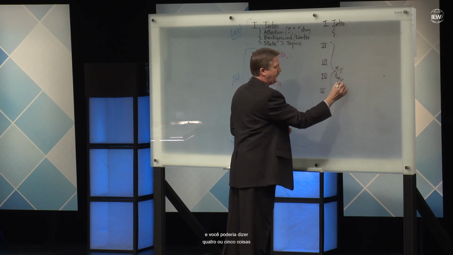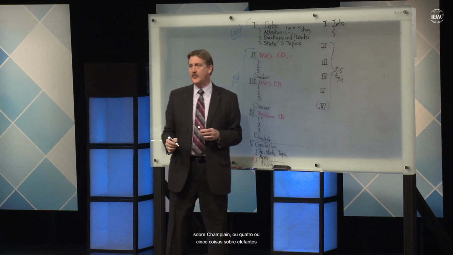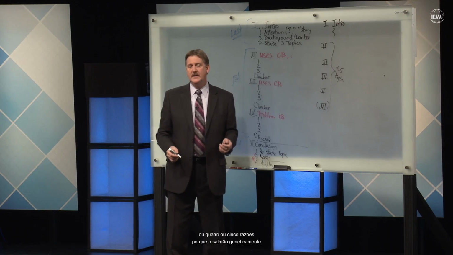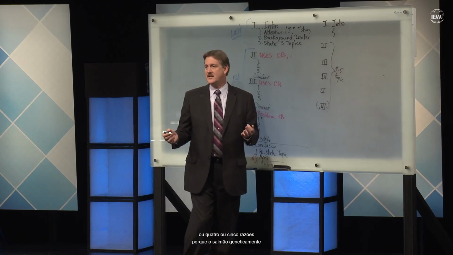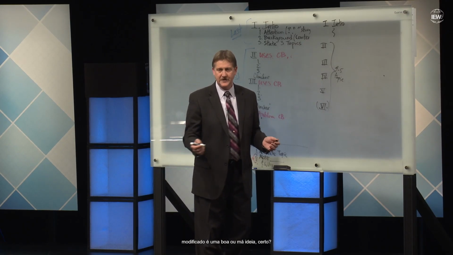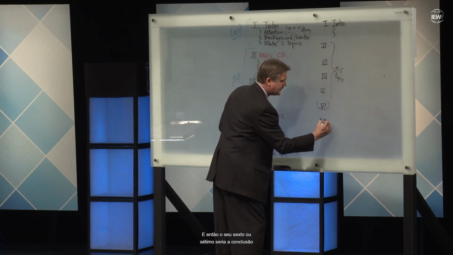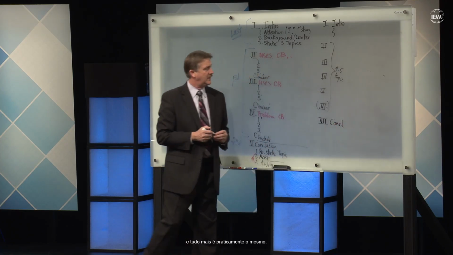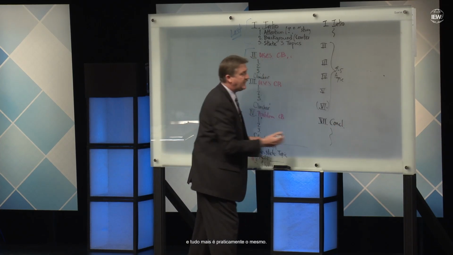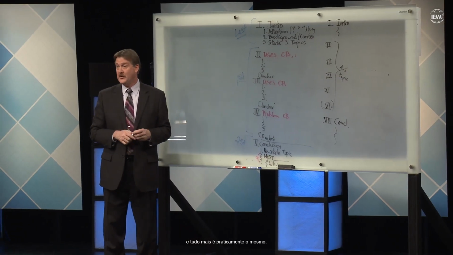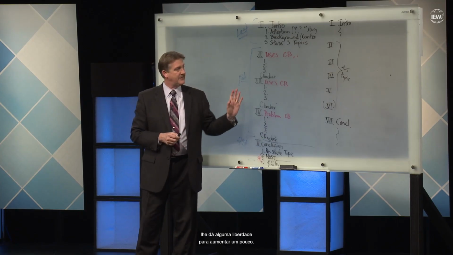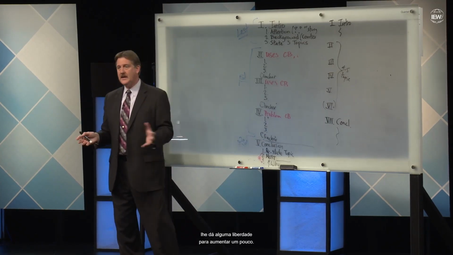And then you could tell four or five things about Champlain, or four or five things about elephants, or four or five reasons why genetically modified salmon is a good or bad idea, right? And then your sixth or seventh would be the conclusion, and everything else is pretty much the same. You're just expanding the essay by one topic, and that gives you some freedom to increase a little bit.